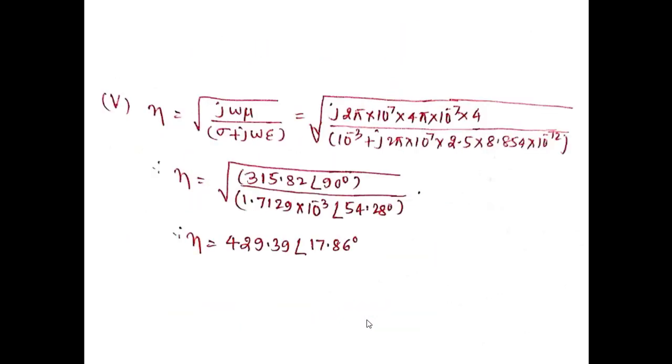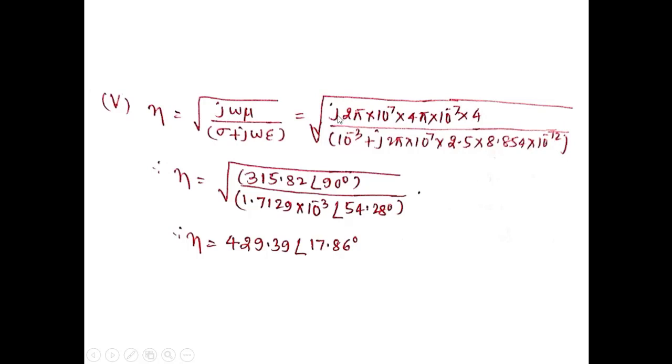8.975 meter. And the intrinsic impedance is given by under root of j omega mu divided by sigma plus j omega epsilon. If we substitute the value of omega 2 pi f, 2 pi into 10 raised to 7, and mu is equal to mu r into mu naught, 4 pi into 10 raised to minus 7 into 4, whole divided by sigma is equal to 10 raised to minus 3 plus j into angular frequency omega is equal to 2 pi f and epsilon r is equal to 2.5 and epsilon naught is equal to 8.854 into 10 raised to minus 12.